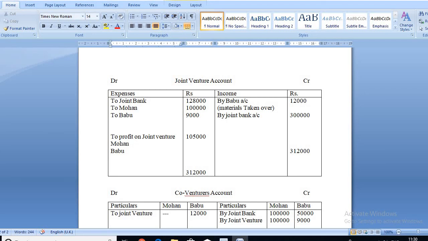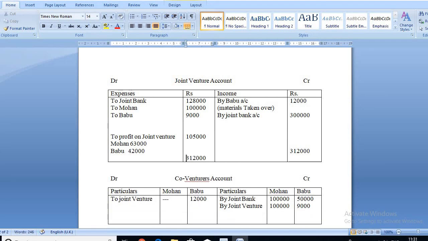Mohan will get 63,000 and Babu will get 42,000. So the joint venture account is over.